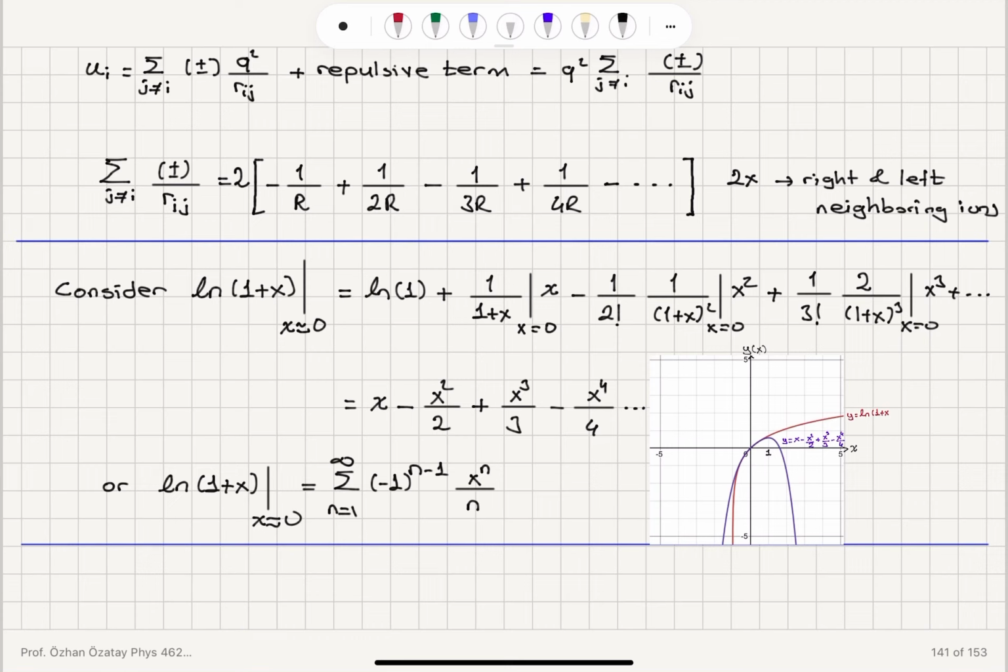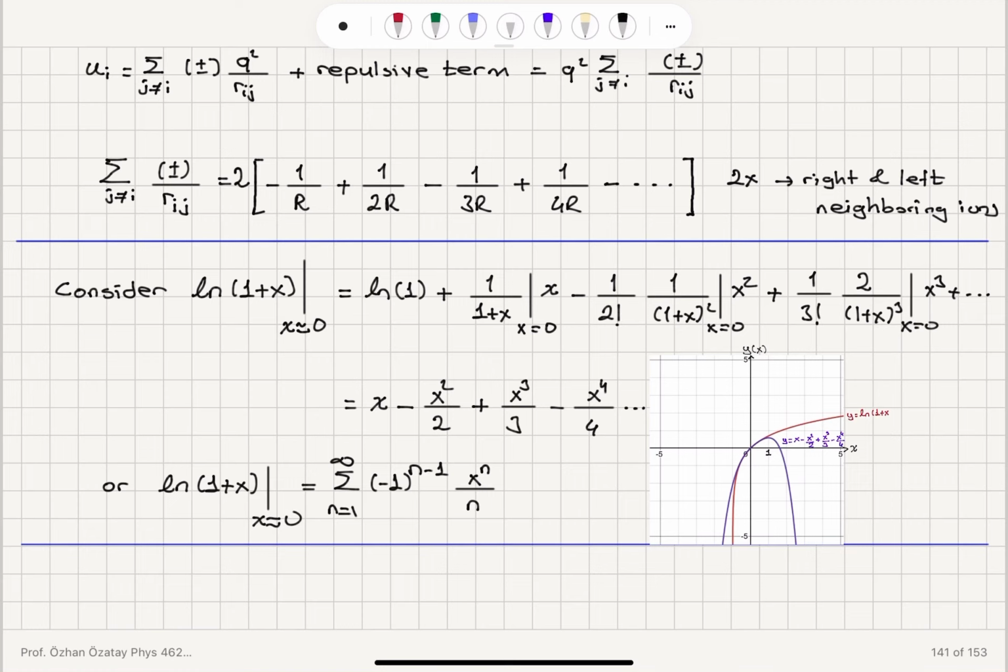If n is equal to 1, I obtain minus 1 to the power 0, which is 1, x to 1 over 1, that's the first term. N equals 2, minus 1 to the power 2 minus 1, so I will obtain a minus sign, x squared over 2. N is equal to 3, that's this term. 3 minus 1, minus 1 squared will give me a plus. X cubed divided by 3, etc. So this really generates for us this series expansion.